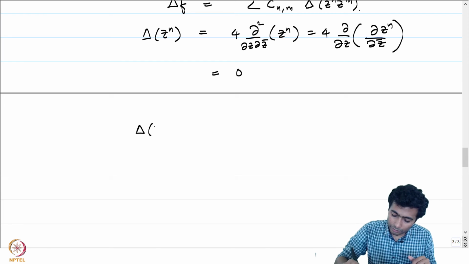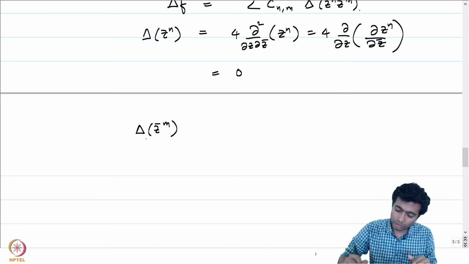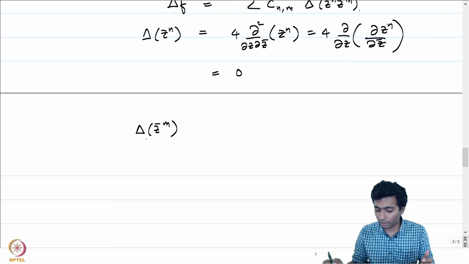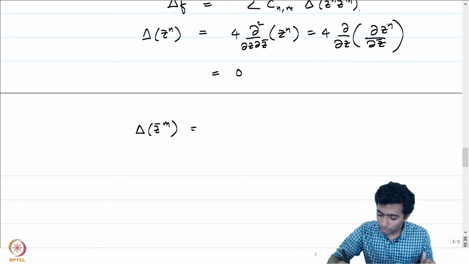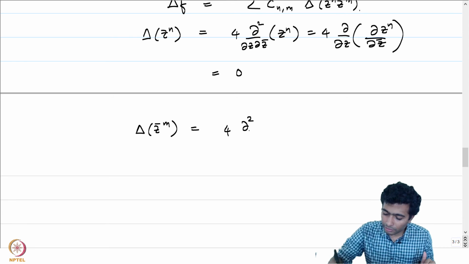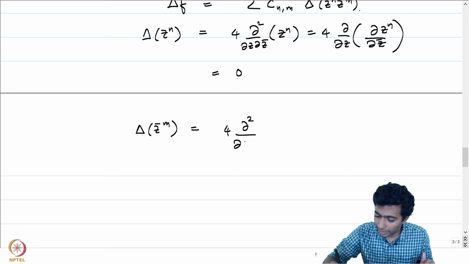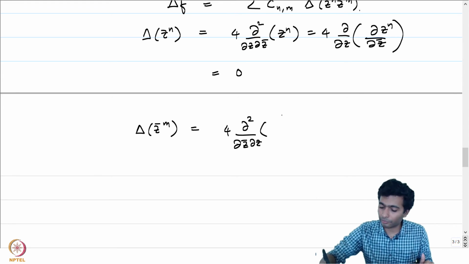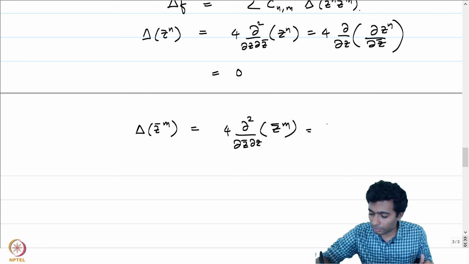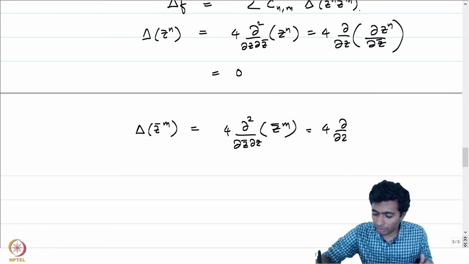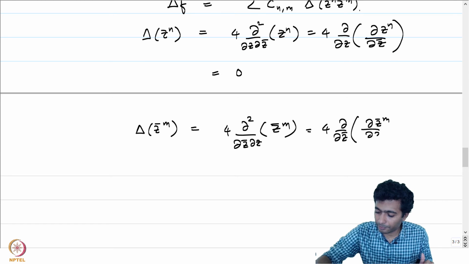Let's also now look at the conjugate powers, z̄^m. This is also going to be the same as the second derivative ∂²/∂z̄∂z. Let me write it this way now. By Clairaut's theorem, we can do that. And this is going to be 4 times ∂/∂z̄ of ∂(z̄^m)/∂z.